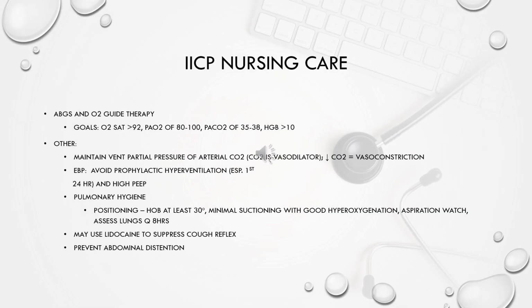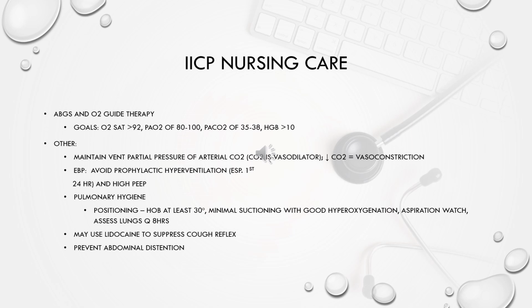Okay, so some other nursing care associated with increased intracranial pressure is, and we've talked about this, ABGs and keeping that O2 up, because we know high CO2 is not a good thing for these patients, and a low O2 is also not good because that tissue still does need to be perfused to save it.